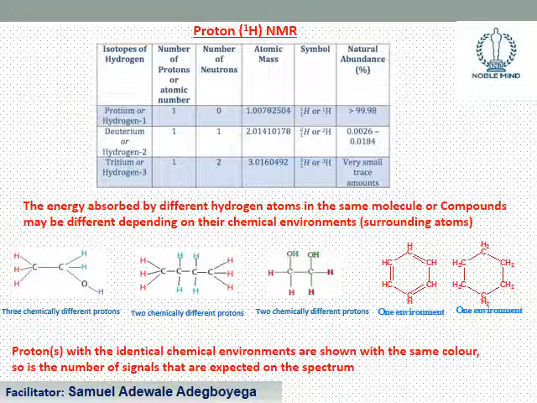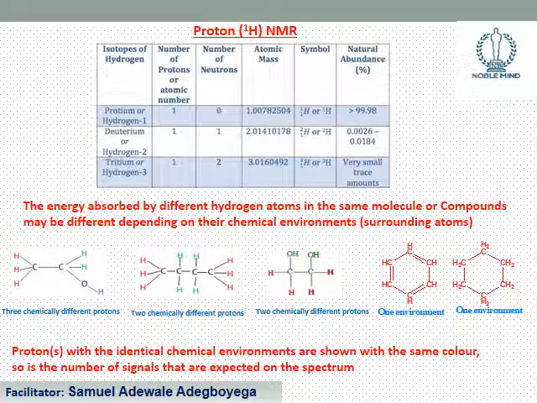Because we have many protons in the same molecule does not mean that they absorb the same energy. The difference in energy will be defined by the type or nature of the chemical environment or surrounding atoms which are around them. So let's look at these structures and see different types of chemical environment.